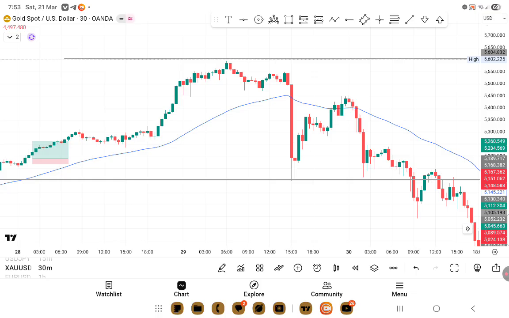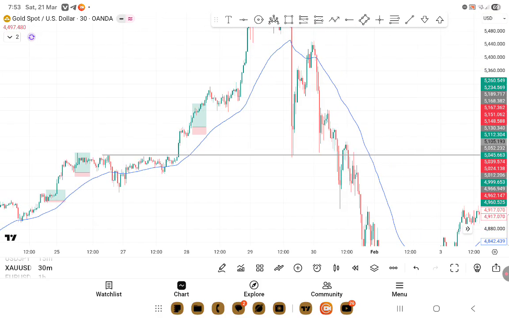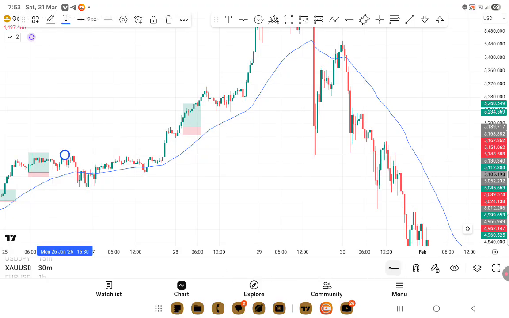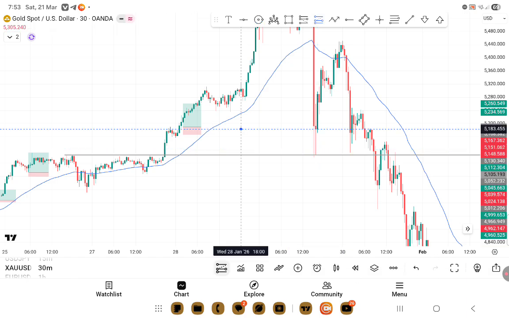You could see, if you notice this one down here, the market did not give us an entry. It broke. It gave us an engulfing candle. That's a fair value gap. It broke out of it, and then it came back to touch it again in this place. And then what happened? Boom.